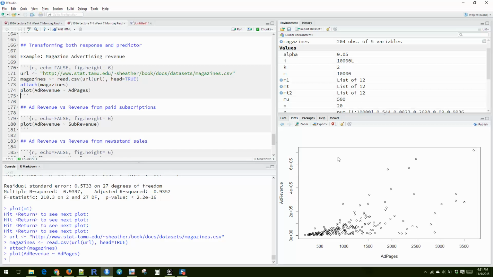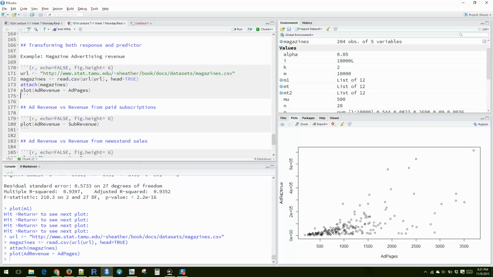I know we looked at magazine data earlier in the class, but here we're looking at it again. We have 3 x variables and 1 y variable. Our y variable is the ad revenue for the magazine, so how much money does the magazine generate from advertisements, which is probably the magazine's primary source of income.